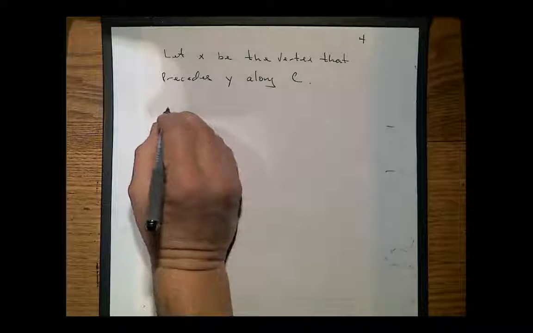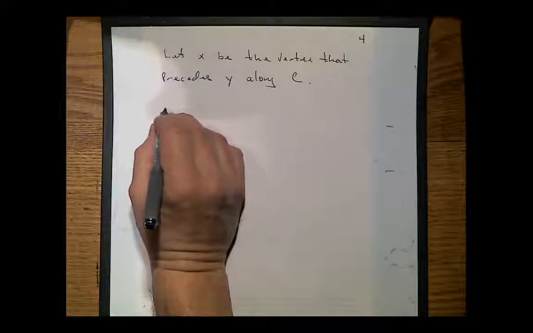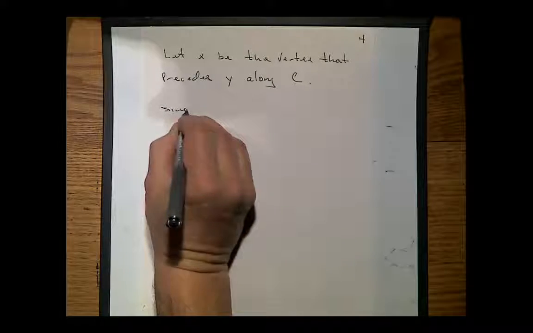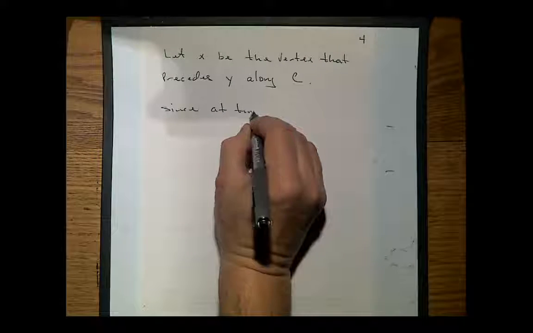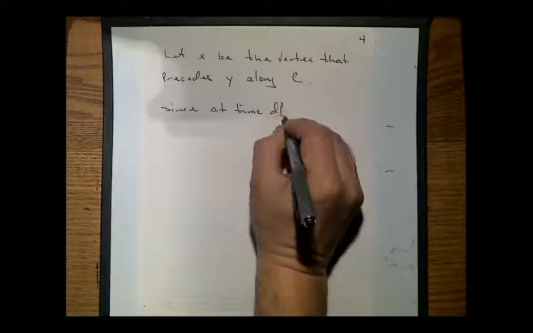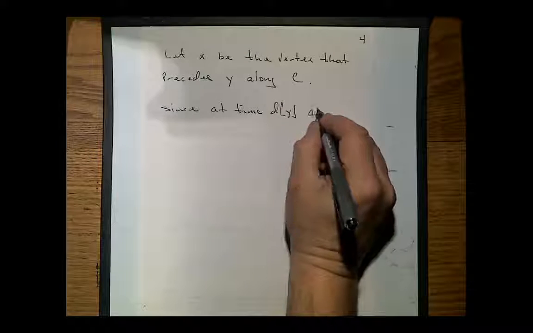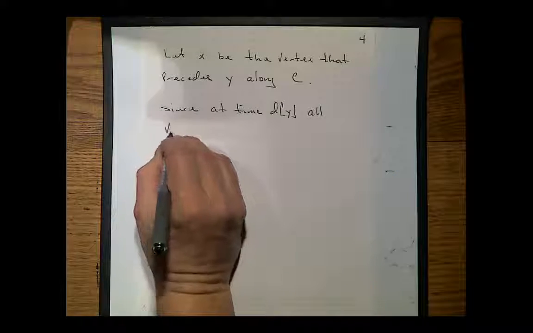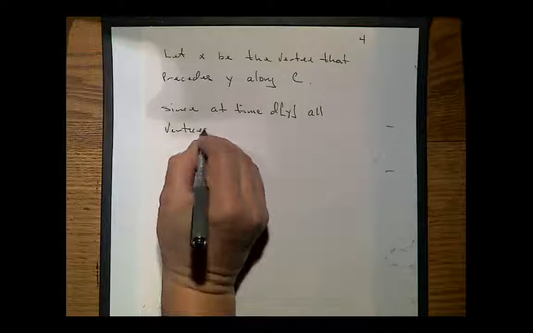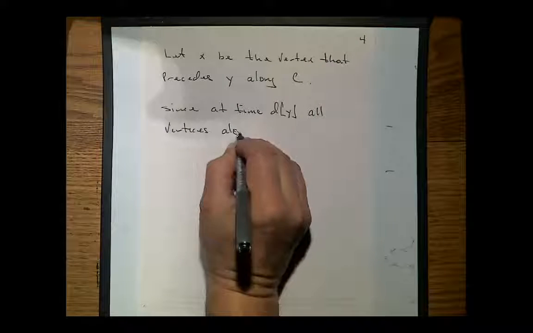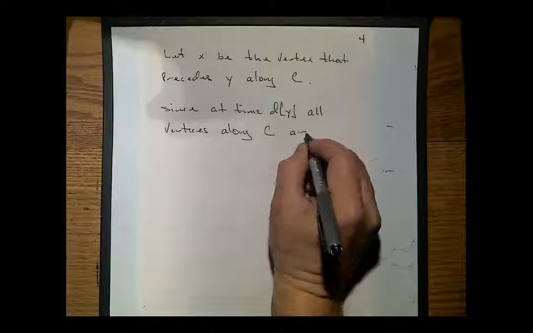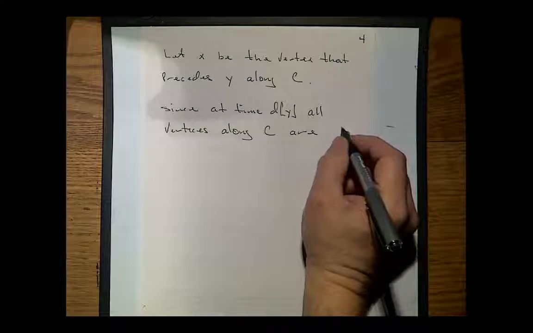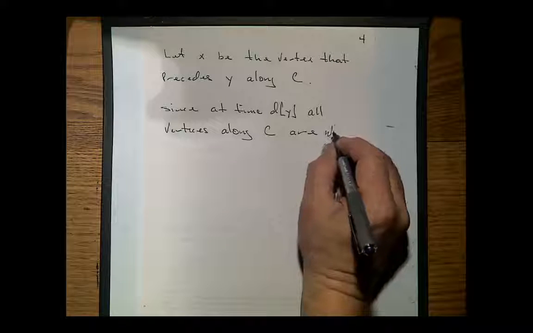So, since at time of discovery of Y, all vertices along C are white. That's because it's the first one to be discovered.